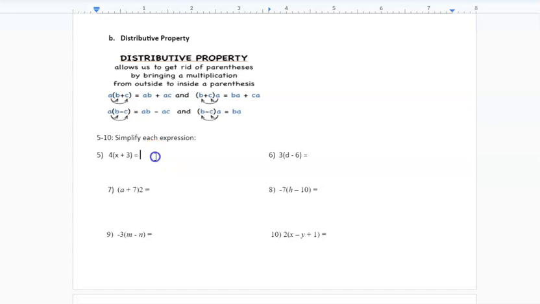So the answer for 5 is 4 times x is 4x, 4 times 3 is 12. It's okay if the number's to the right instead of the left, that doesn't make any difference, so that'd be 2a plus 14. All right, and then here, three things, so that'd be 2x minus 2y plus 2.